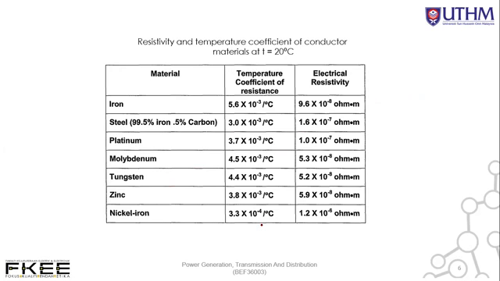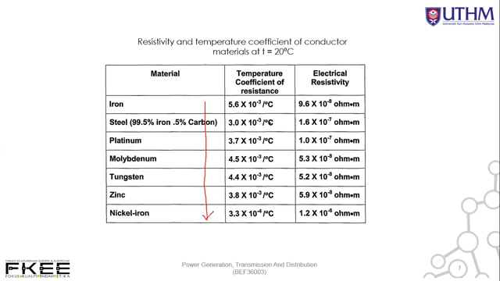This table shows the resistivity and temperature coefficient of conductor material at T equal to 20 degrees Celsius for various materials: iron, steel, platinum, molybdenum, tungsten, zinc, and nickel iron.